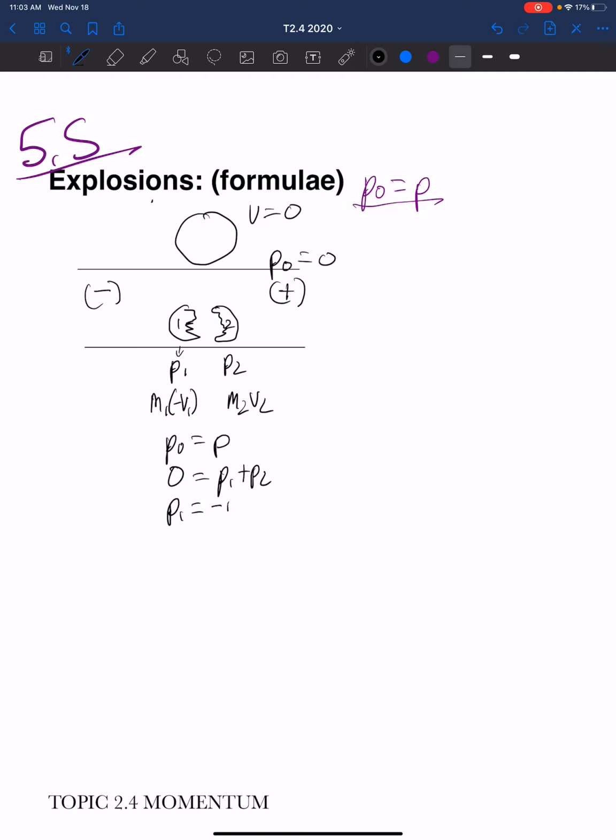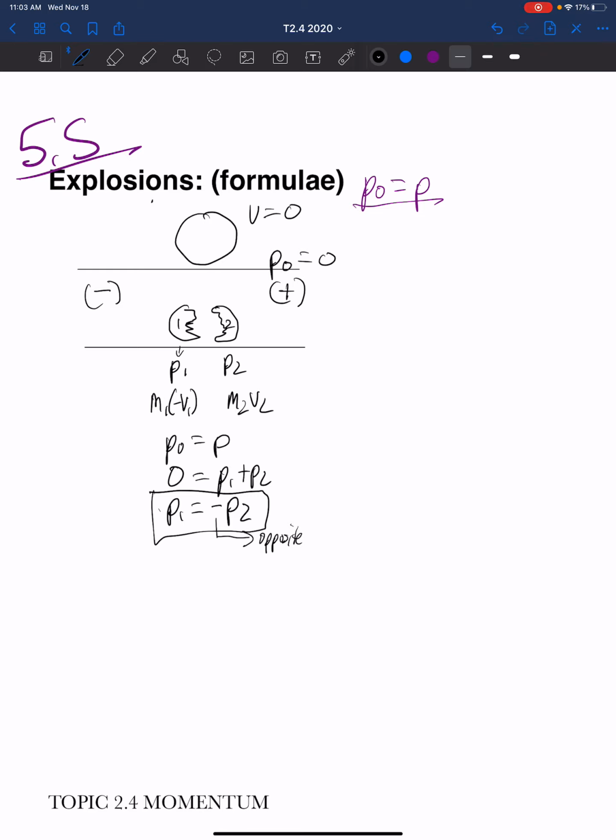So those momenta are equal and opposite to each other. Equal, and the negative sign means opposite directions. So this is our standing relationship. They are equal and opposite to the other, and that's because one of them has an opposite direction of velocity. So when we add up these two momenta, they add up to 0.